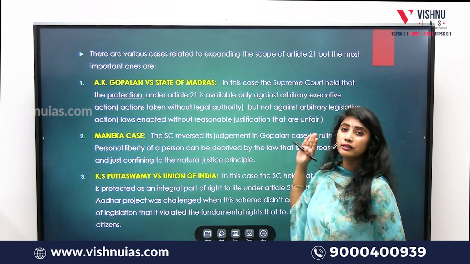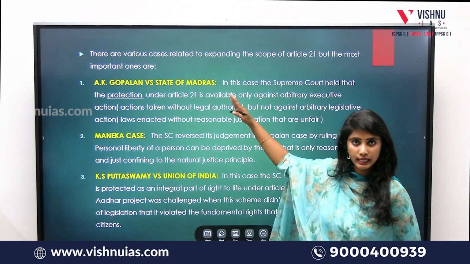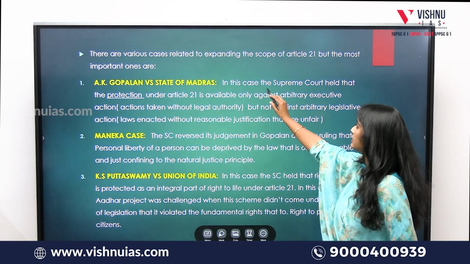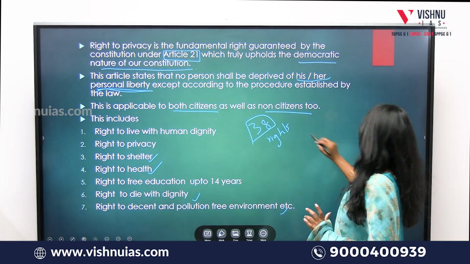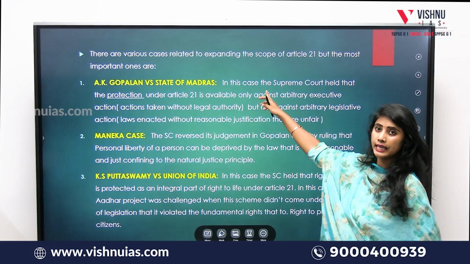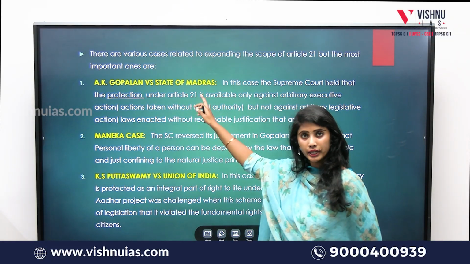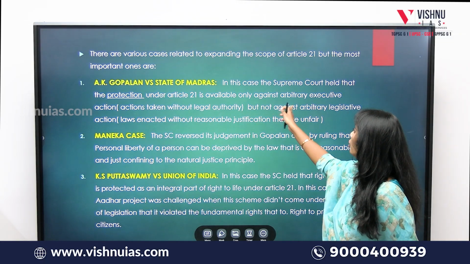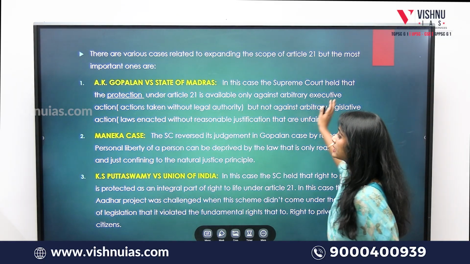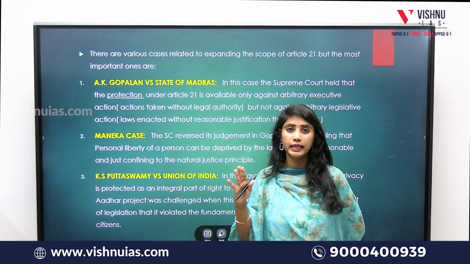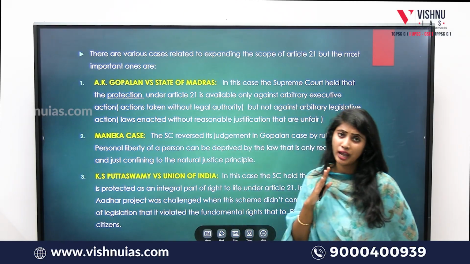Okay, so what did the Supreme Court declare through this case? In this case, the Supreme Court held that the protection under Article 21 is available only against arbitrary executive action but not against arbitrary legislative action.